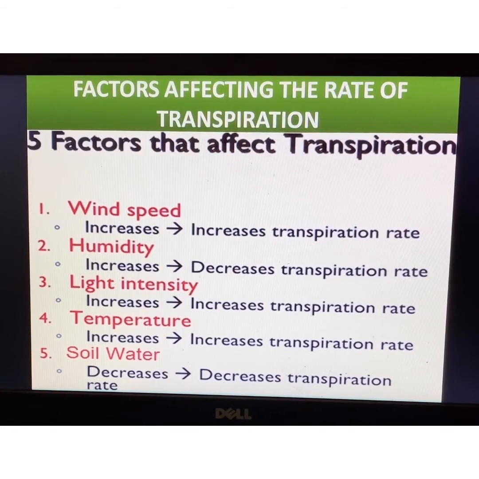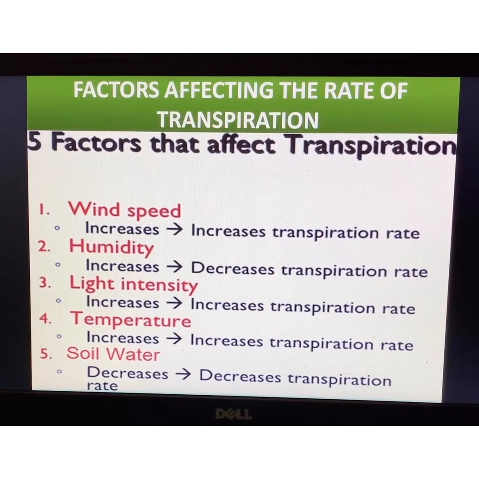If the rate of transpiration is much higher than the absorption of water, you will see the leaves drooping down, and that is called wilting of leaves. Is that clear?